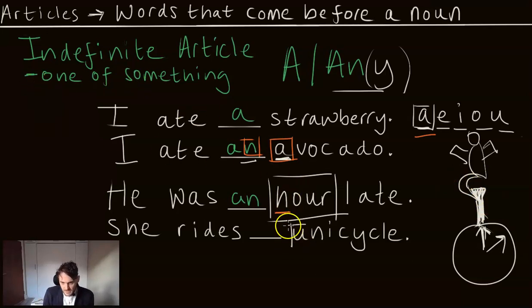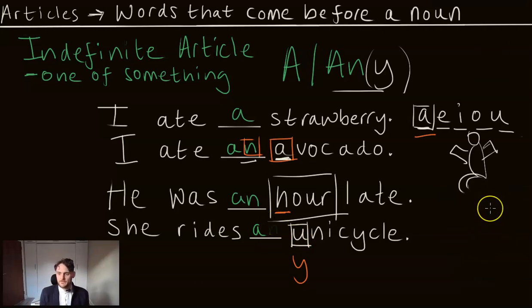Does that sound like a vowel? Is that a vowel sound? Not really. It sounds like a yoo-nicycle. So what do we do? It was any unicycle. It was one of many unicycles. So using an indefinite article, we would say she rides... Oh, I was going to make the mistake. She rides a unicycle. She rides a unicycle.